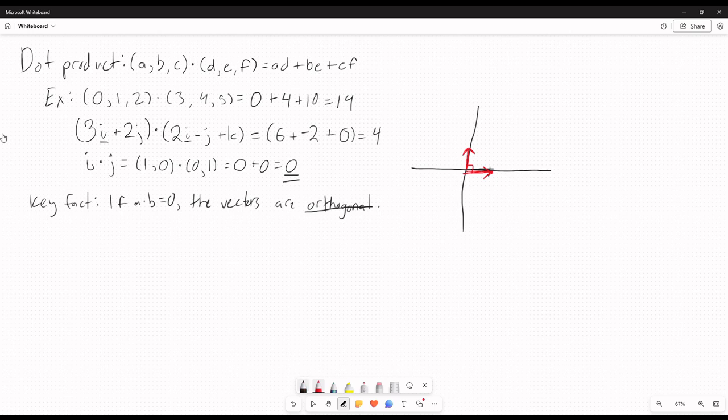This would even work if we were in 3 dimensions. So let's do an example, even though it's going to be kind of hard to draw. So let's look at the vectors. How about 1, 2, 3 dot 0, -3, 2.